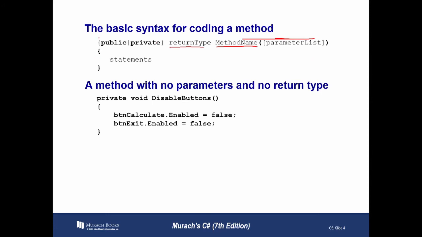But what's interesting about C# is that at the beginning of every method, we actually specify whether it is public or private, which is in contrast to the way you define your own class in other languages.